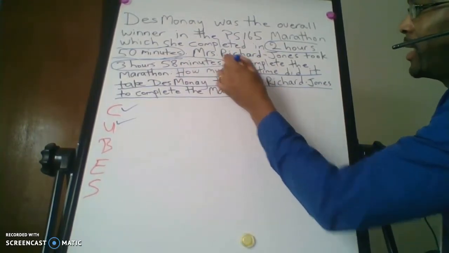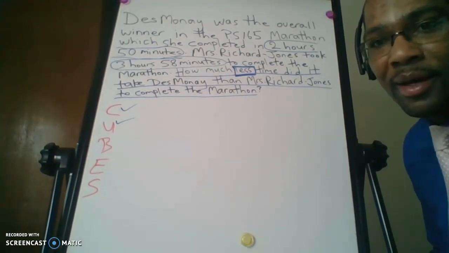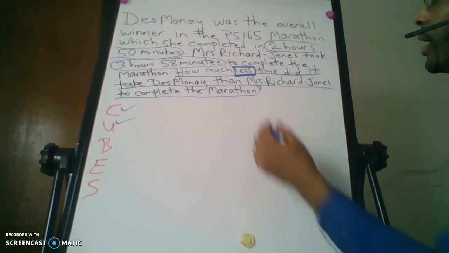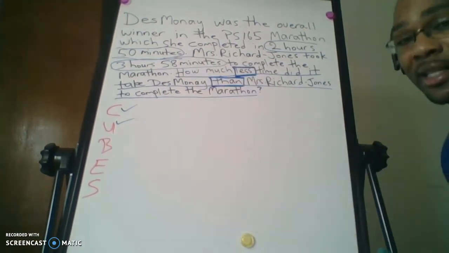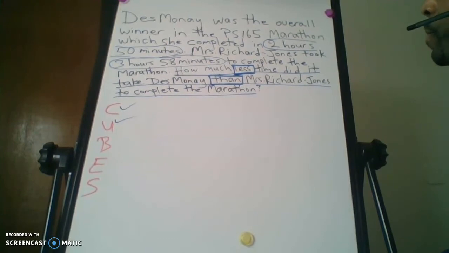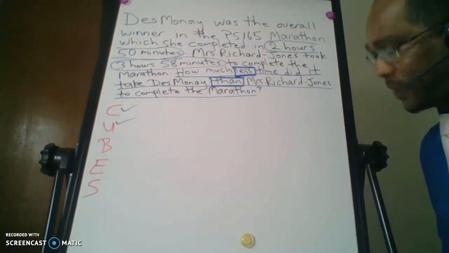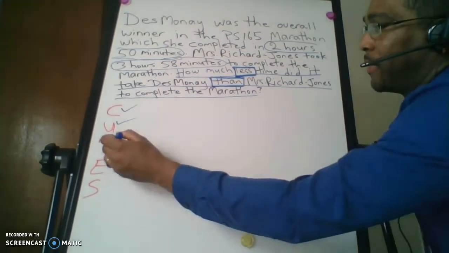Less tells me that I have to find the difference between two numbers. Then, how much less time then? Then tells me, definitely I have to subtract. I'm just going to use those two key math words and put a check by my B.